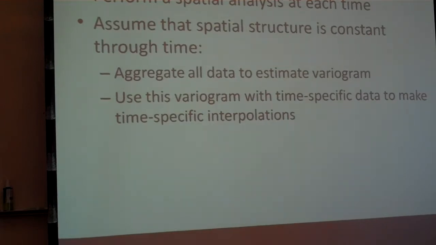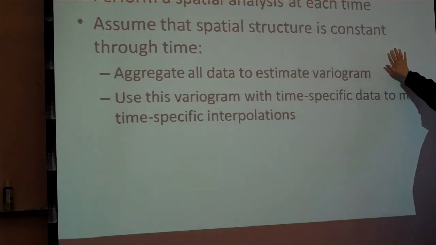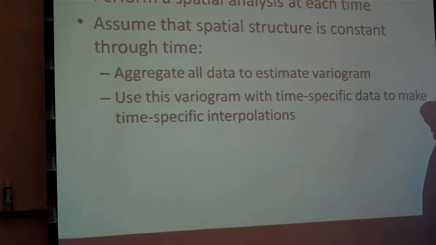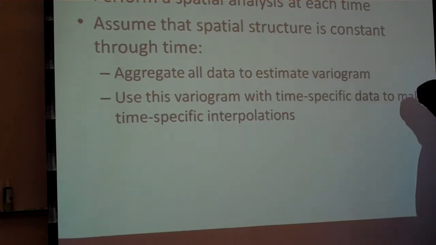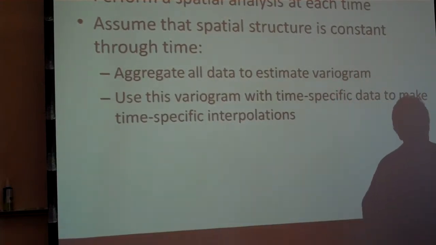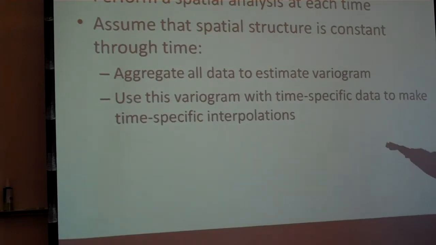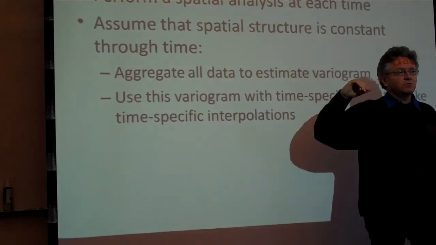We have 8 or 16 sites, I think, so not a lot of points in the variogram, and not a lot of confidence in the estimated theoretical variogram. So one way to get more statistical power is to analyze the spatial pattern across all of the time periods and assume that the variogram, the spatial structure, is constant through time.